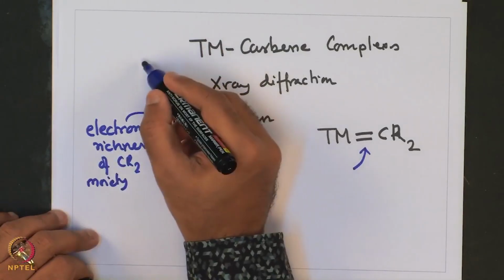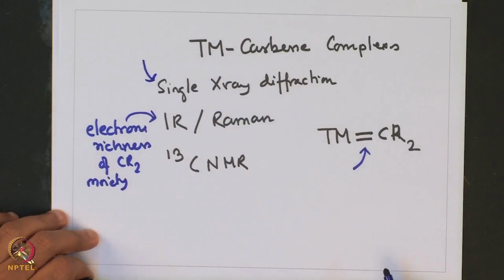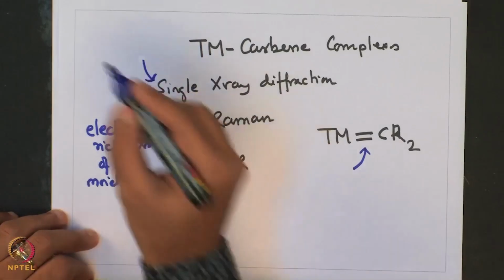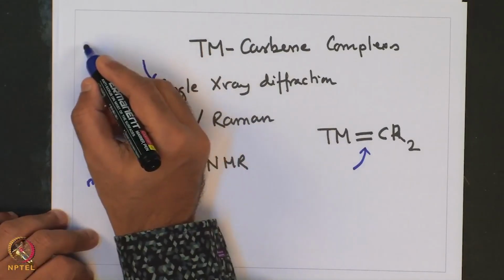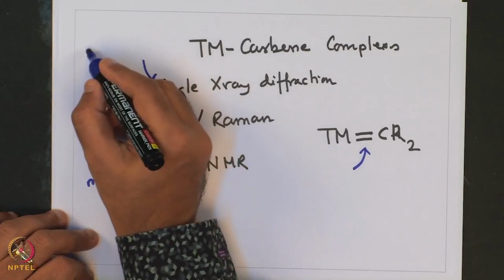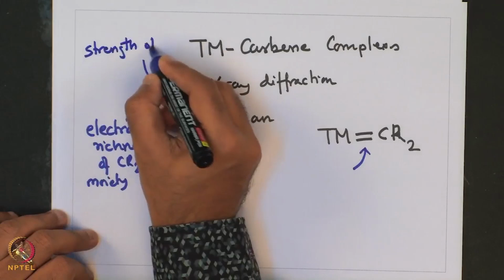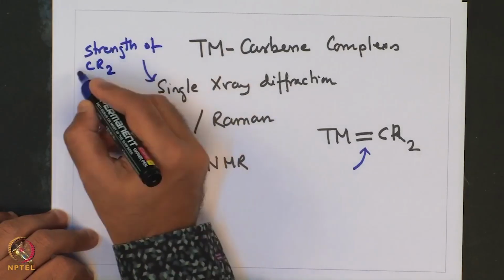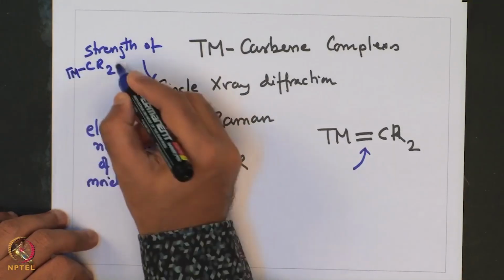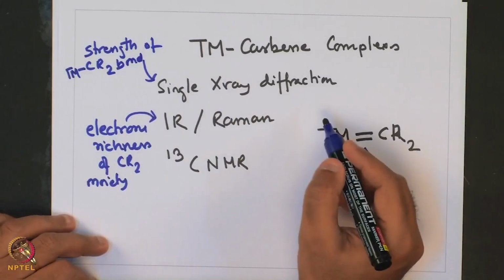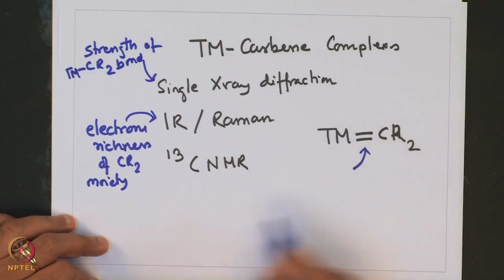The bond length from X-ray similarly gave ideas on the strength of the transition metal CR2 bond, which we had seen to be multiply bonded with a shorter bond length.